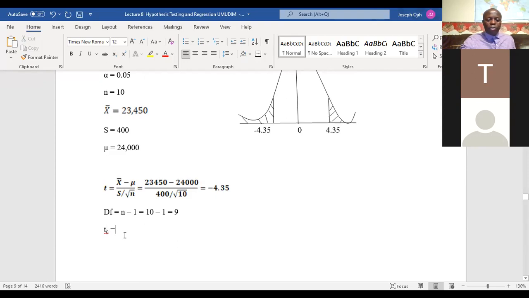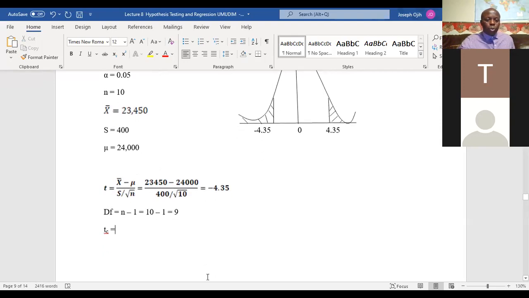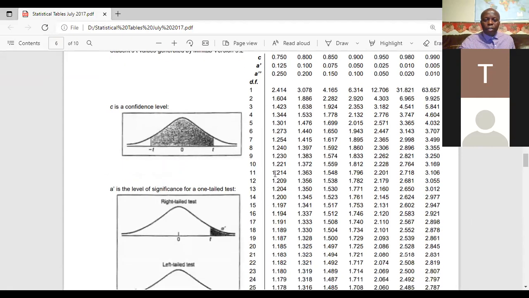Maybe from the table of t distribution, we can get it under 9 degrees of freedom. Remember that our alpha is 0.05, and under 9 degrees of freedom. So we can go to our table, alpha 0.05, see the df right here under 9. 0.05 is right here.